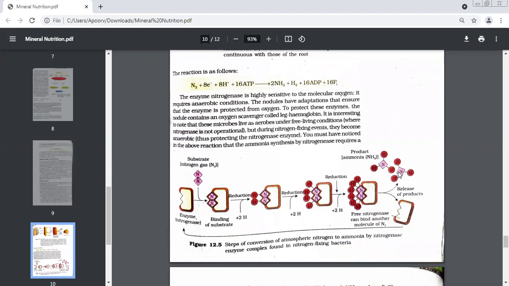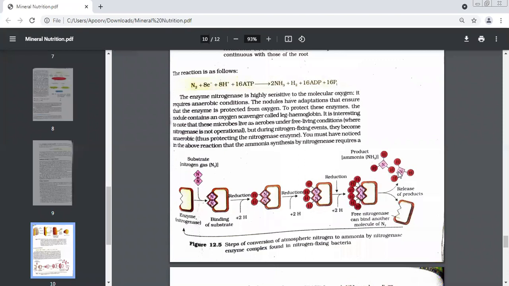That means the nitrogen in the atmosphere had to be converted to ammonia. And this cannot be done without the enzyme nitrogenase.